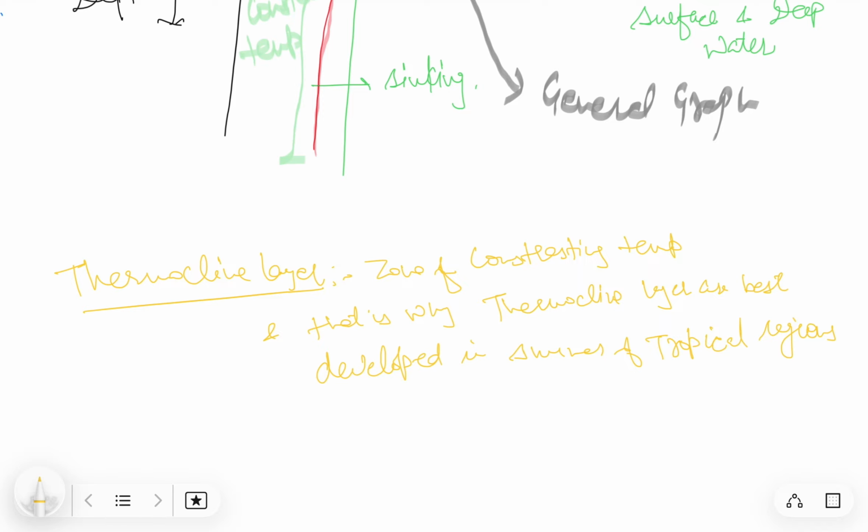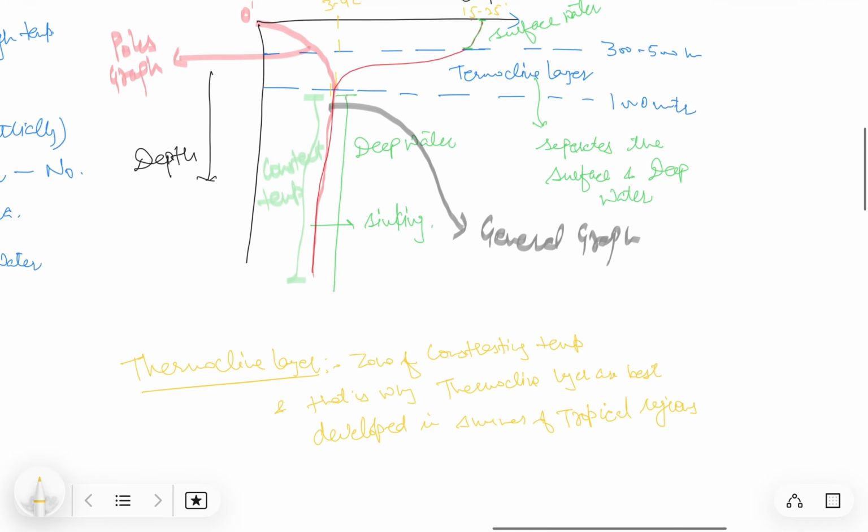So the thermocline layer is the layer that separates the surface and the deep water.